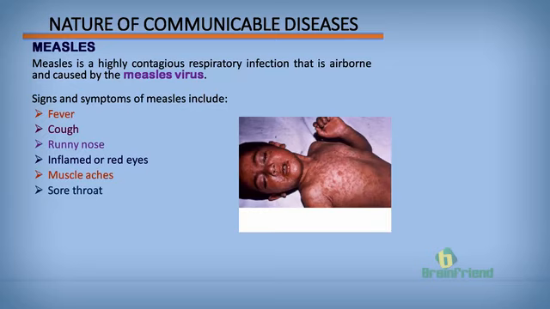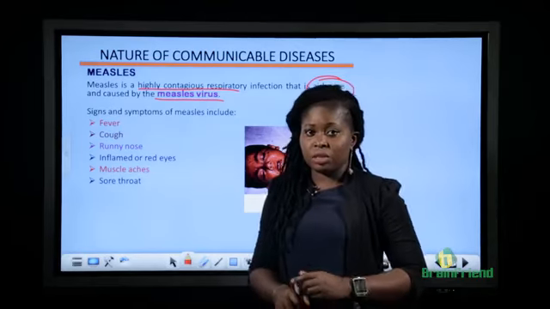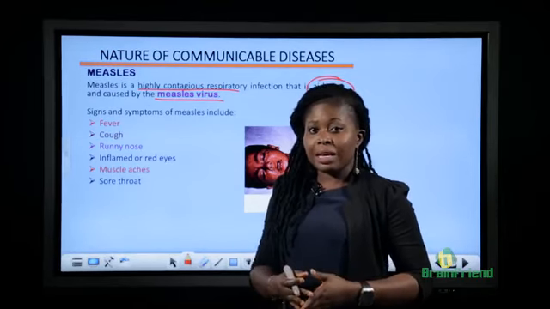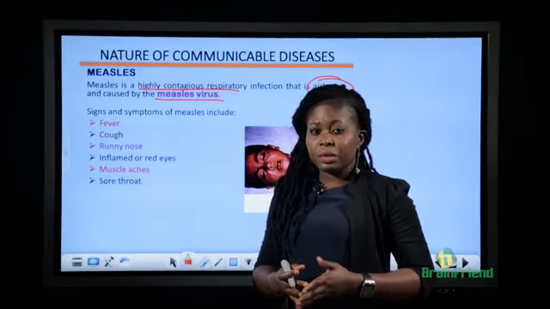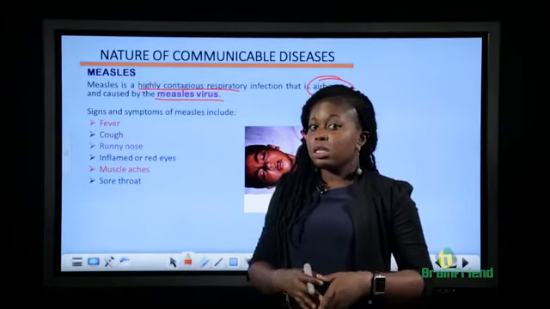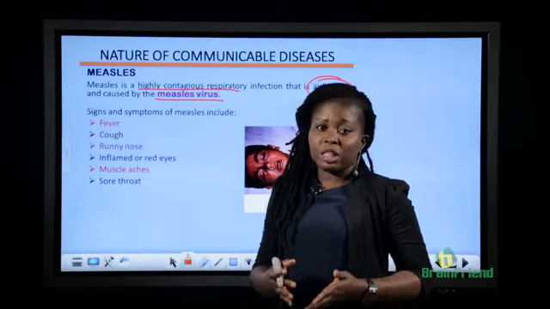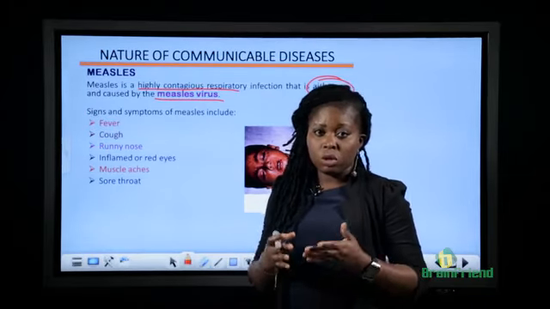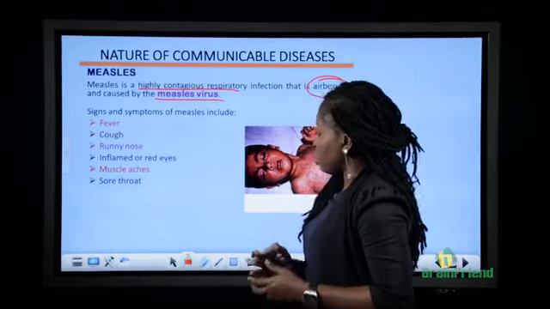Now, talking about measles. Measles is a highly contagious respiratory infection that is airborne and caused by the measles virus. It is highly contagious. For example, if someone has the measles virus in an environment that is crowded, there's every possibility that 9 out of 10 people in that same environment will contract the measles disease.